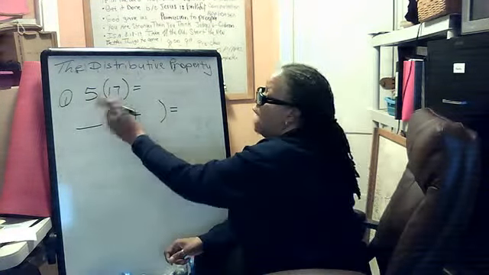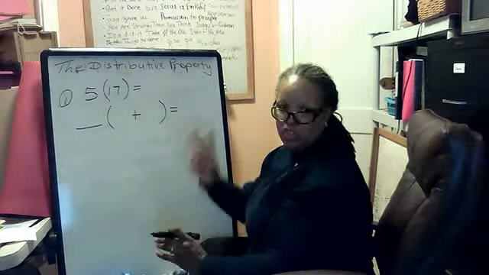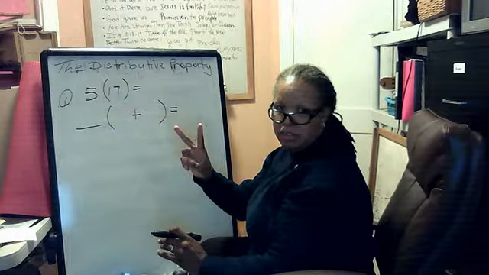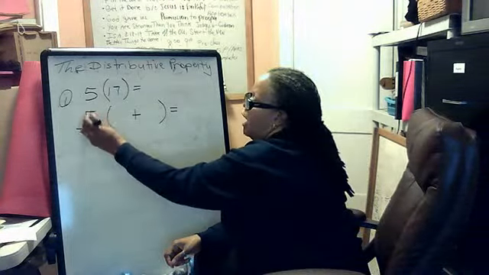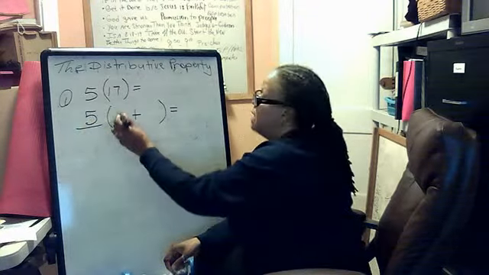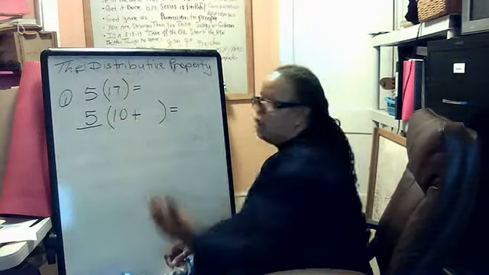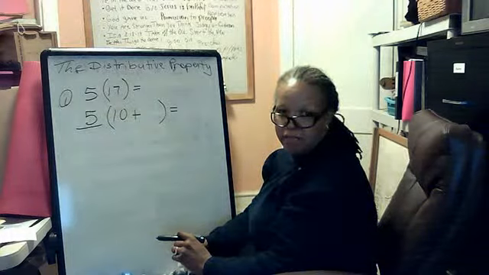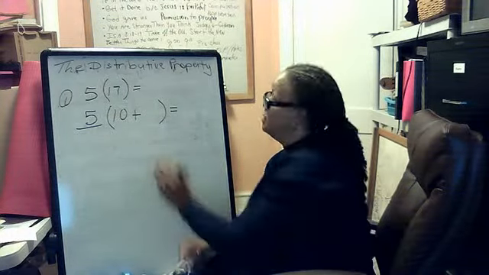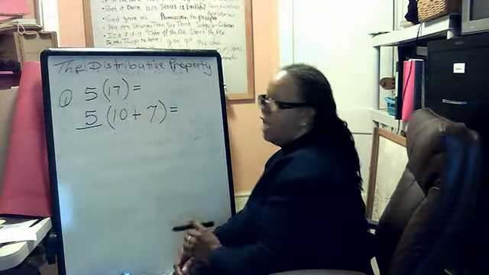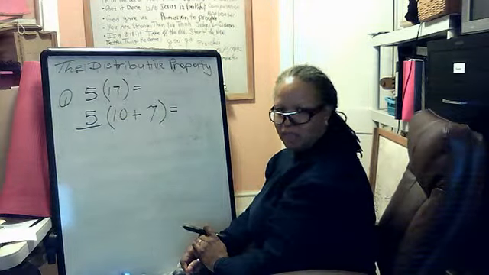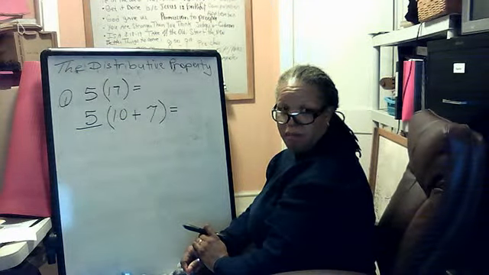Okay, how do I break 17 into 2 parts? I can say 5 is my multiplier times 10 plus what will give me 17? You're right, 7. Okay, now this makes it so easy to multiply without mistake.